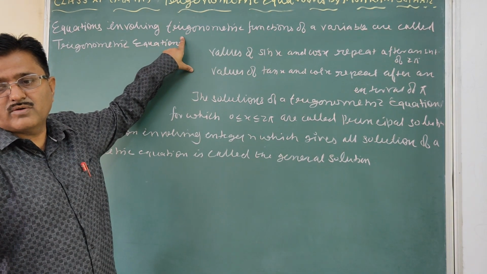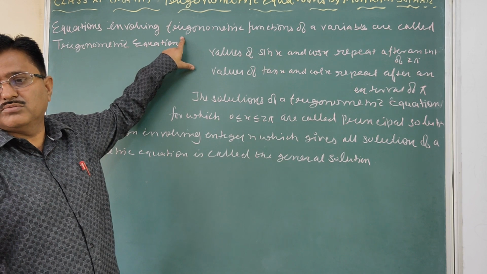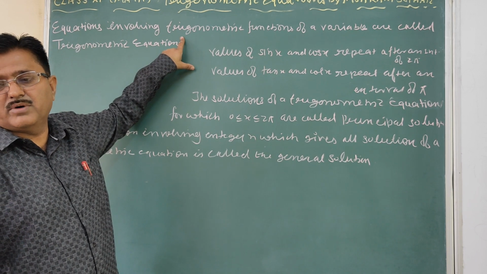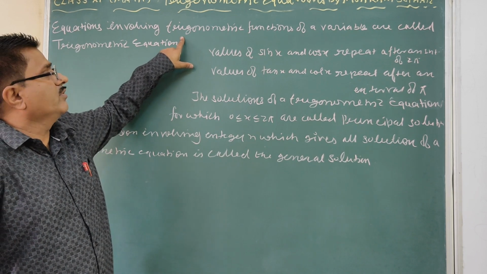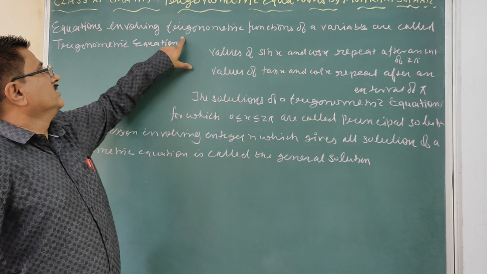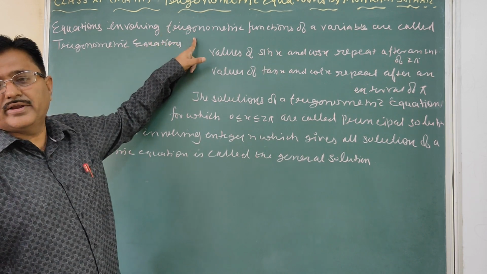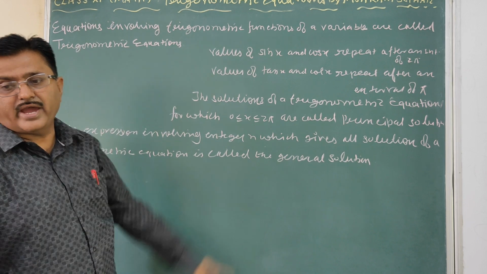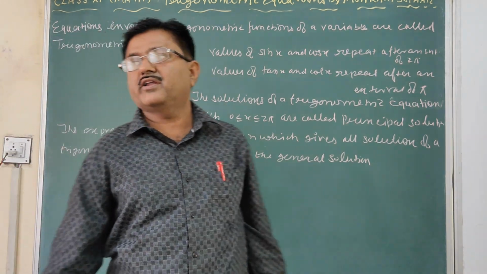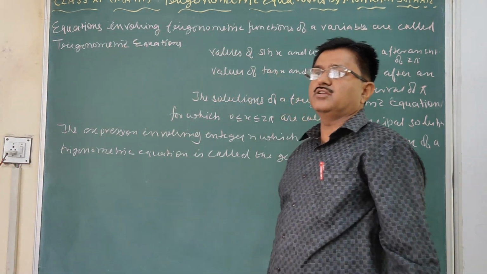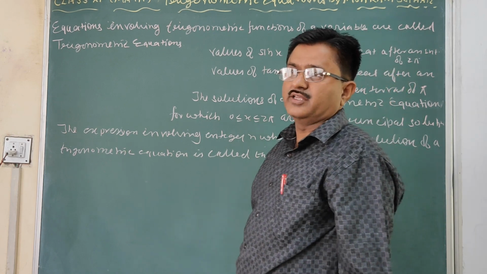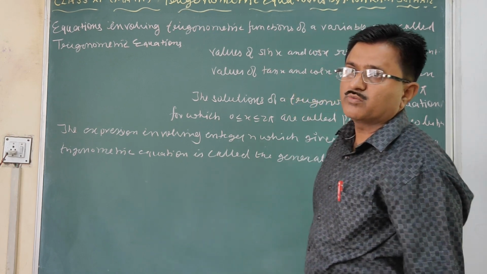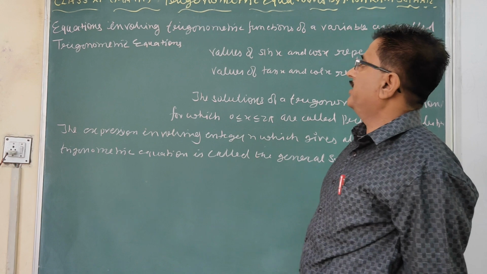In the case of a quadratic equation or cubic equation, we take the variable as x or y, or we can say variables. Here we take a trigonometric function in place of x, like sin theta or cos theta or tan theta. Such a type of equation is known as a trigonometric equation.